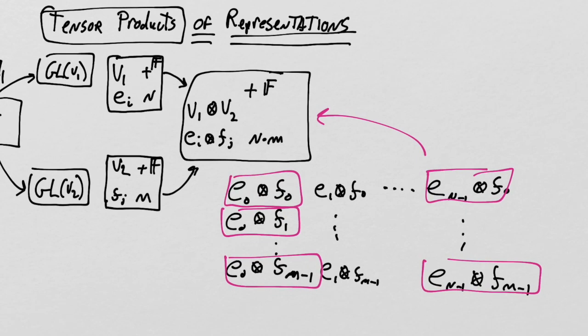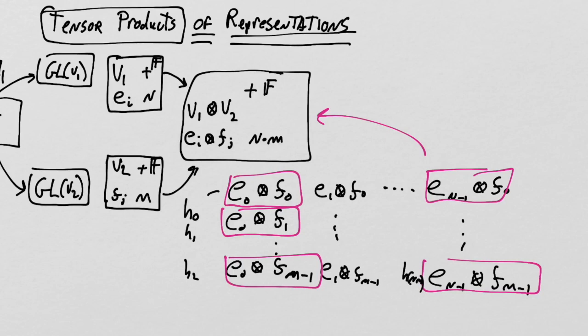And in principle, I could give it a whole separate name. I could call this, say, H sub 0, and then I could call this H sub 1, H sub 2, and I could go on and on until I have H sub n times m, where that's a number.